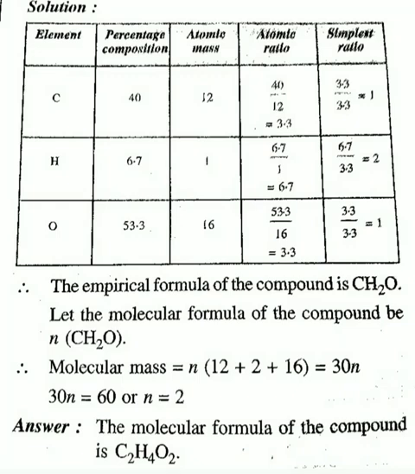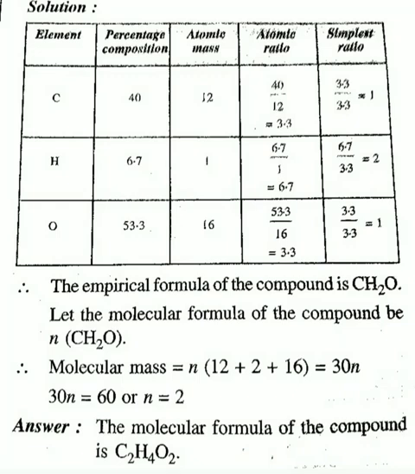Then what is the next column? Atomic ratio. Okay, atomic ratio means percentage divided by atomic mass. Here you write 40 by 12, that equal to 3.3. Then 6.7 by 1, that equal to 6.7, and 53.3 by 16, that equal to 3.3. After that, in the next column, you find the simplest ratio.